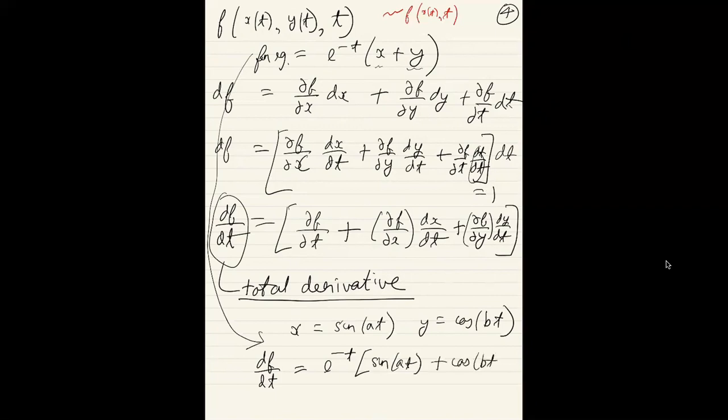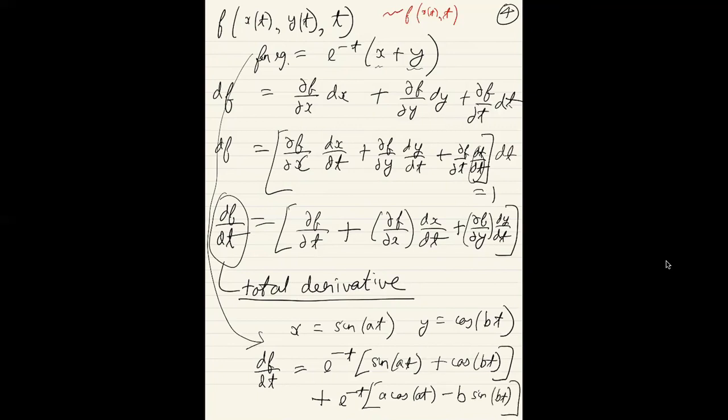I recommend that you work through this and make sure that you're getting the same result as what I wrote over here, and otherwise you're missing something. So consider this as an exercise for you to finish.